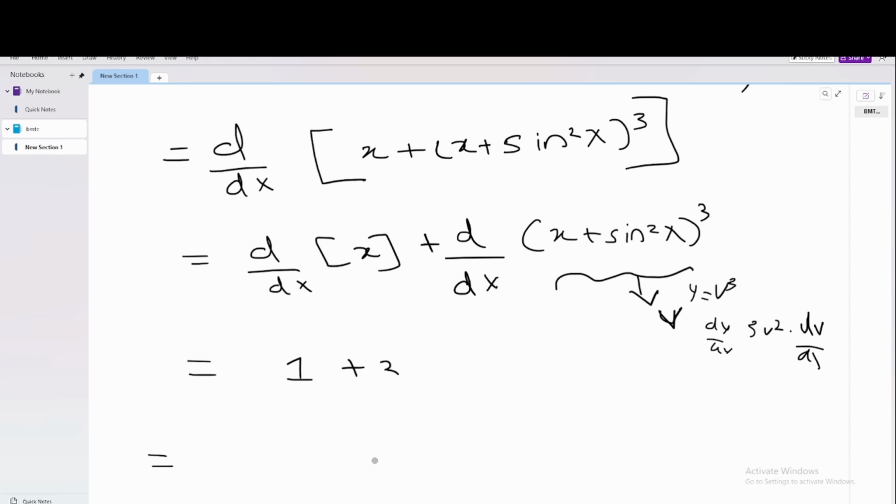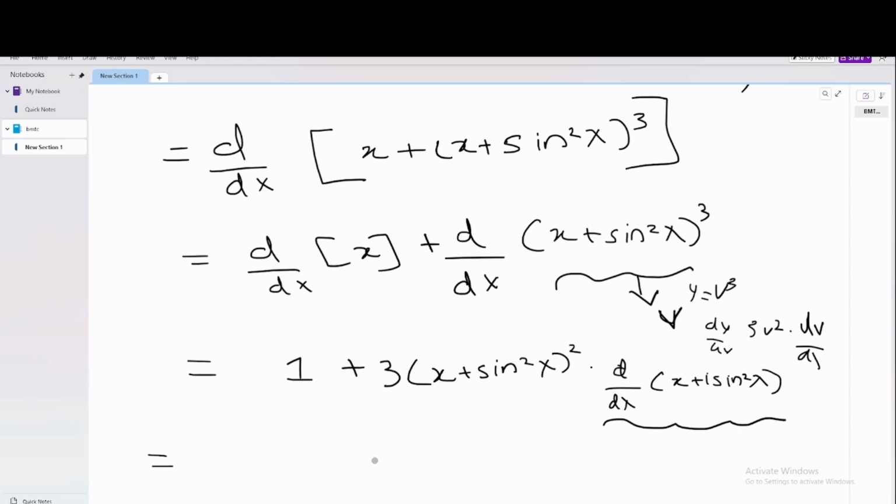3v square is equal to (x plus sine square x) all raised to square, into dv by dv by dx, which is d by dx of x plus sine square x.